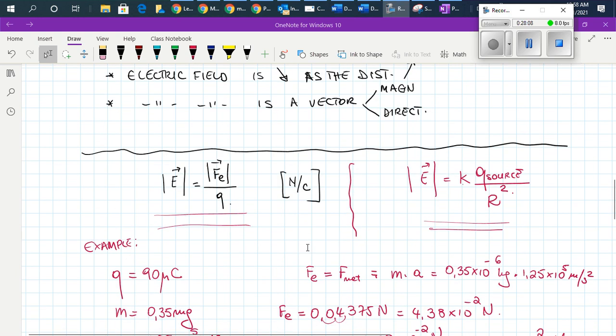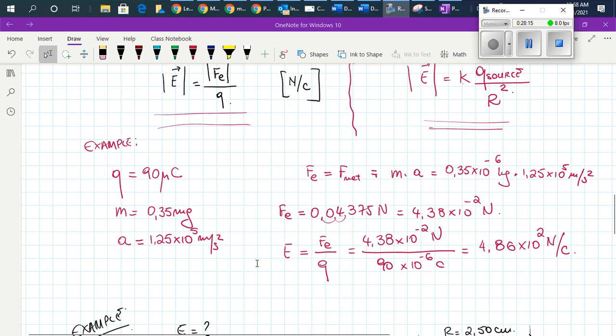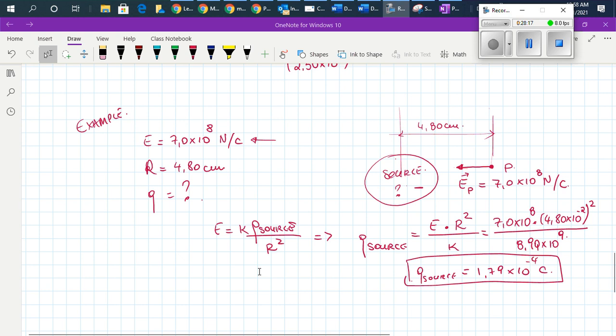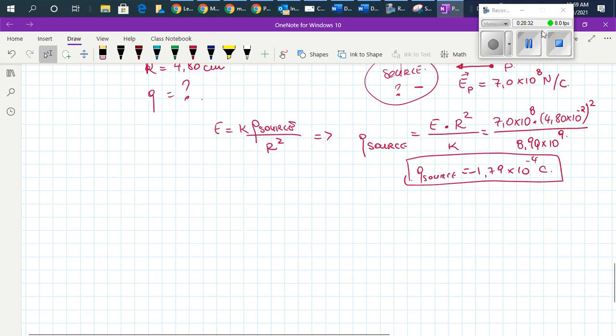That means that as we are going away from the source, the electric field is becoming weaker and weaker. And also how to calculate the nature and magnitude of the source when we know the direction of the electric field at a point nearby the source. So this will be the first part of the video.